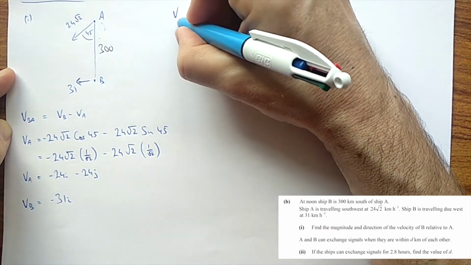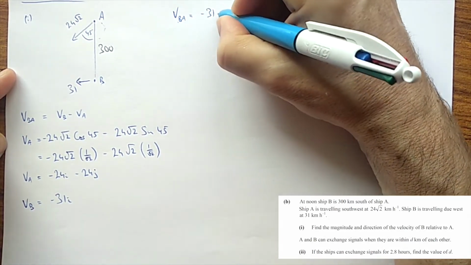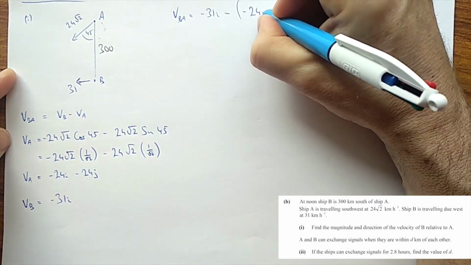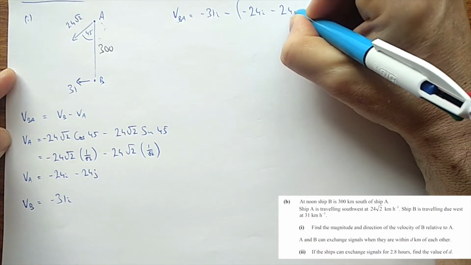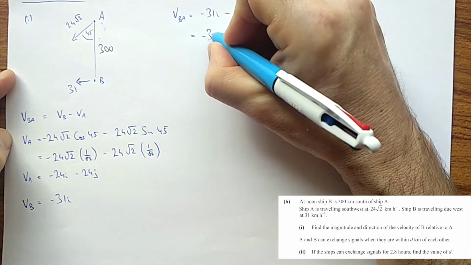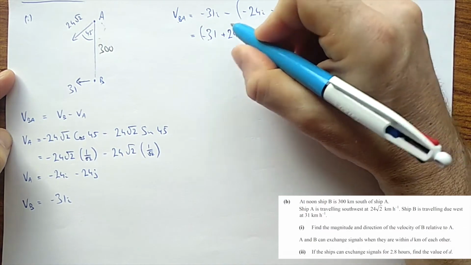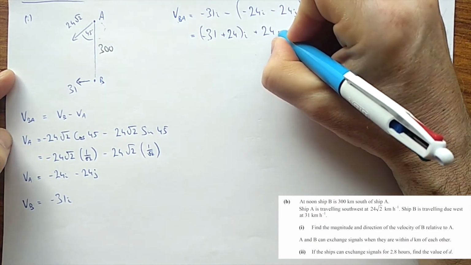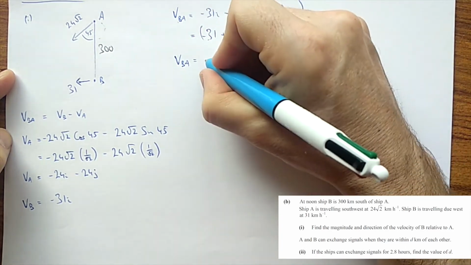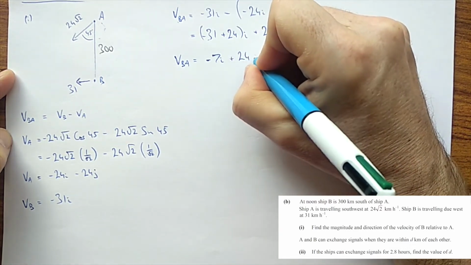Velocity of BA is the velocity of B, minus 31, and watch your minuses here, minus the velocity of A, minus 24i minus 24j, which is of course minus 31 plus 24i plus 24j. Velocity BA is minus 7i plus 24j.